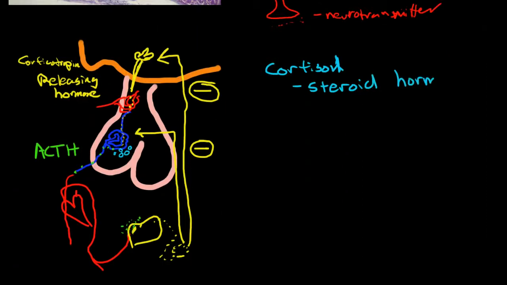It means that it has a sterol group in it. It's derived from cholesterol, and it's lipid soluble. Therefore, it doesn't float very well. It doesn't dissolve in plasma, so it needs to be carried by protein. And I believe that the protein that carries it is albumin.